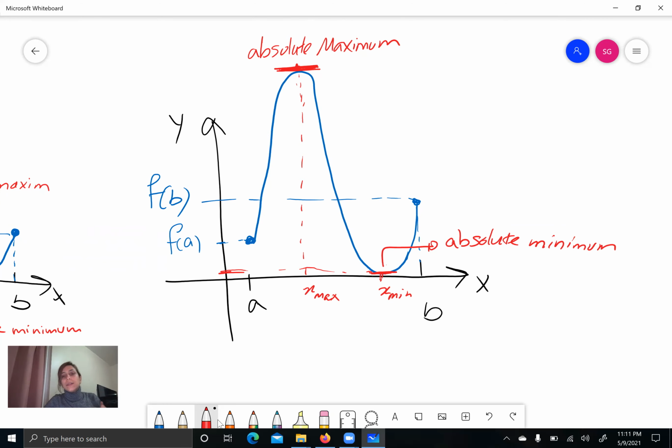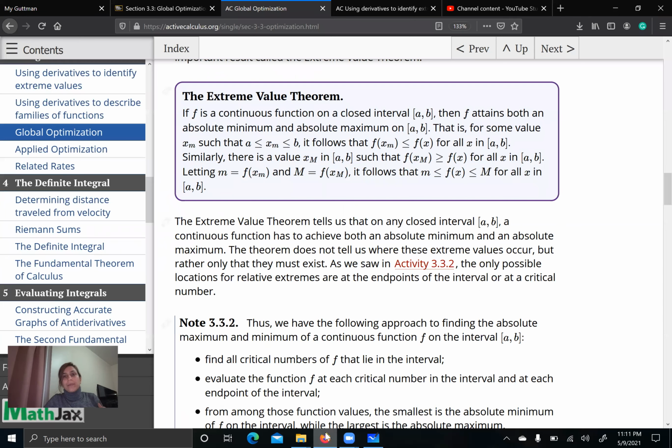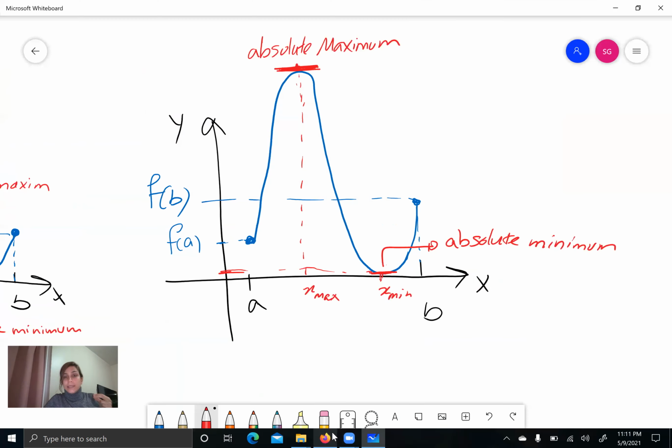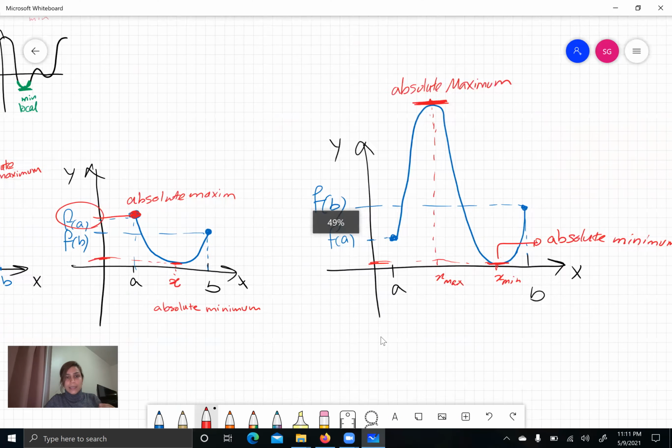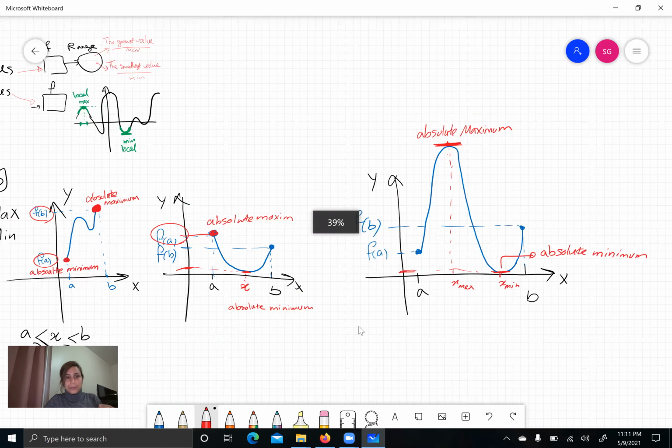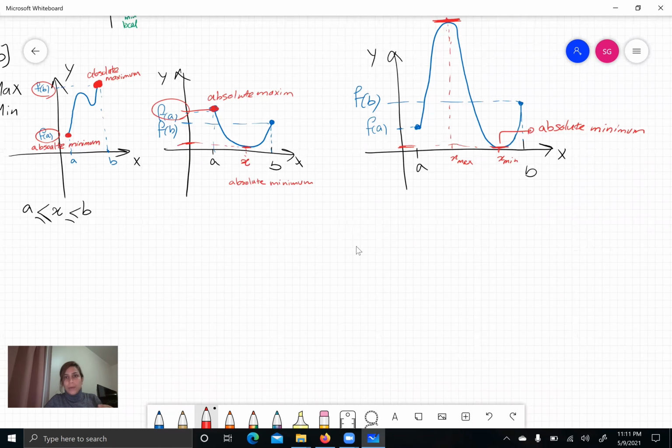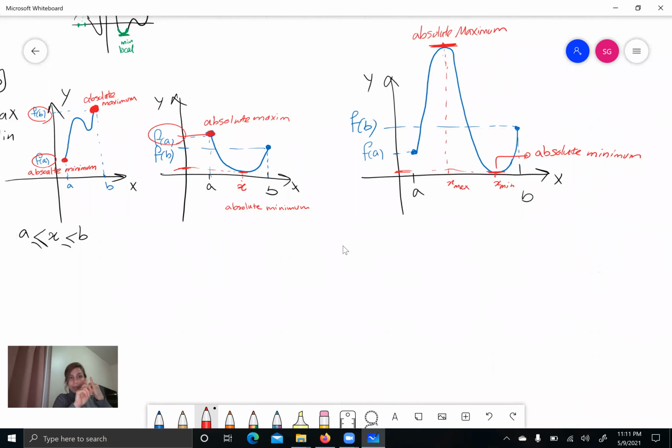So what this theorem tells us is that if you have a continuous function, look at all of these drawings, the first condition is that the function has to be continuous. Over a closed interval, the function definitely has an absolute max and absolute min. It could be at the endpoint, but it also could be somewhere in between.